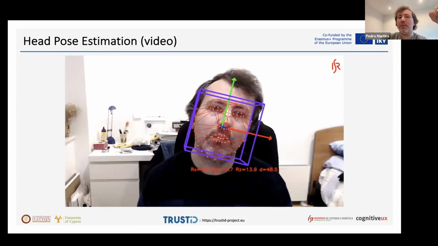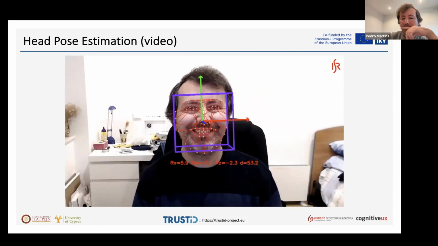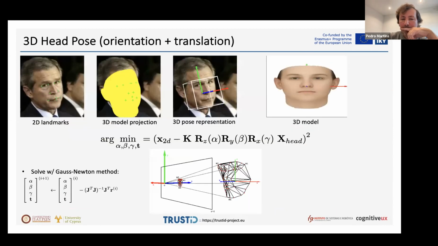By the way, let me just go back a bit. Usually, when we are dealing with these problems, we need to know the camera calibration parameters, usually the focal distance and the central points. Of course, we don't know anything about that, but we can do something differently.